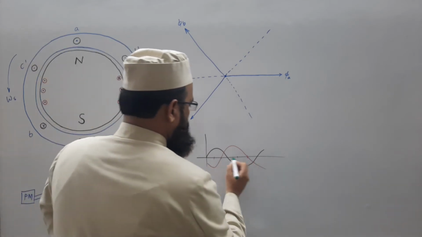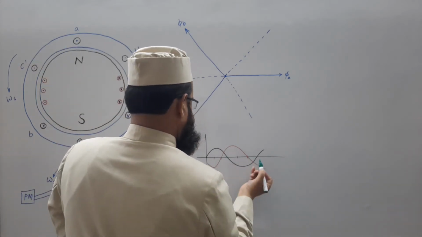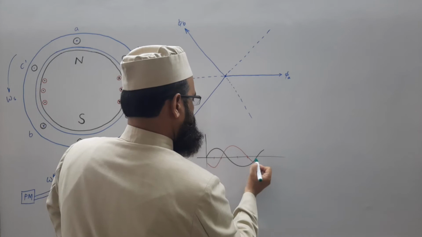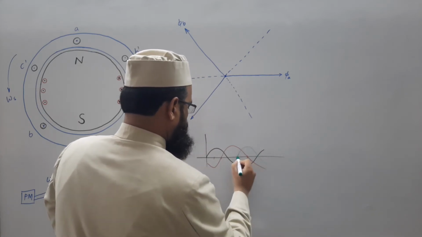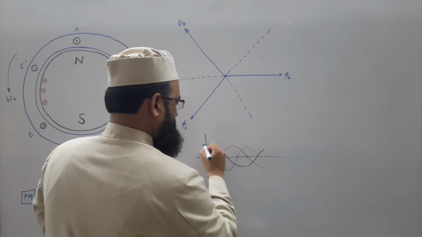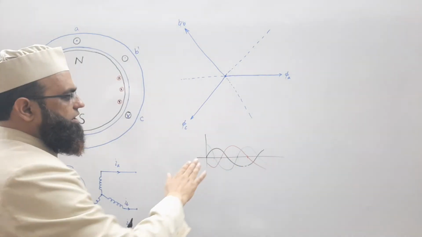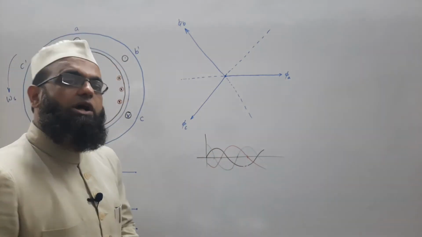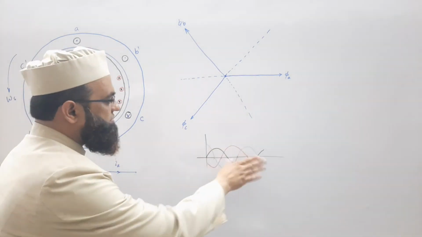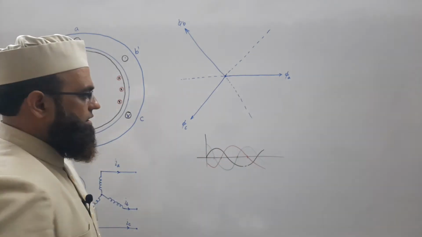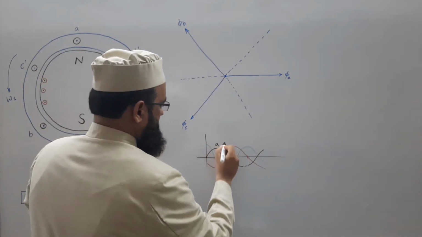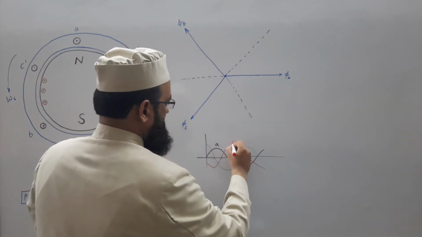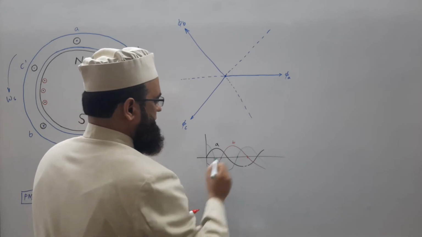Let us take another difference, 1, 2, 3, 1, 2, 3, something like that. So see, all the phases are not attaining maximum value at the same time. Suppose this is phase A, this is phase B, this is phase C.